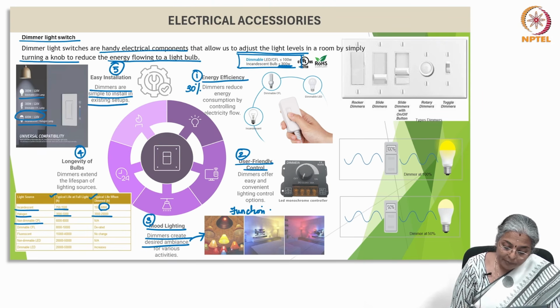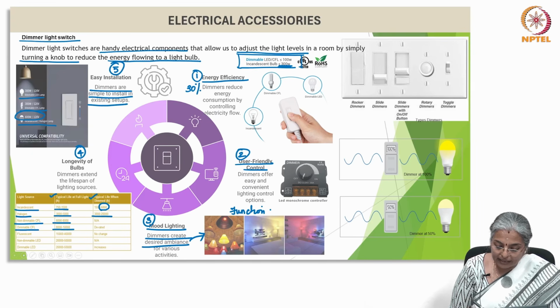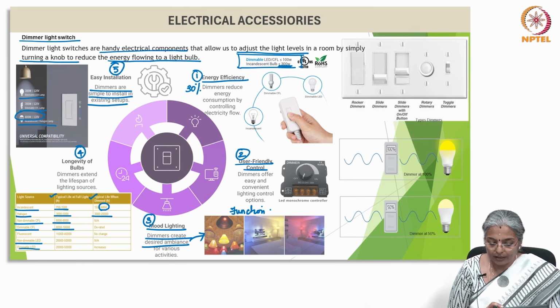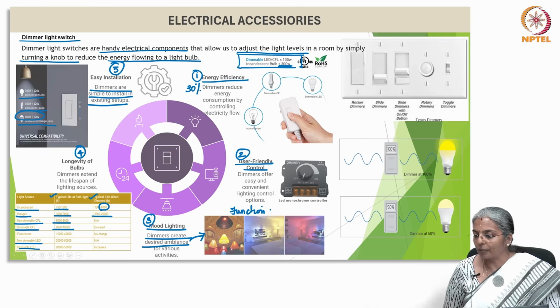Non-dimmable CFLs anyways have a lifespan of 6000 to 8000. But when you use dimmable CFL, the typical life can be 8000 to 10,000. Also, between non-dimmable LED and dimmable LED, there is actually not so much difference in the typical light hours of the component.